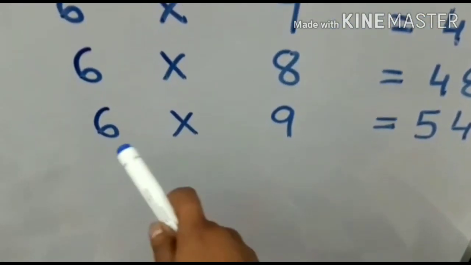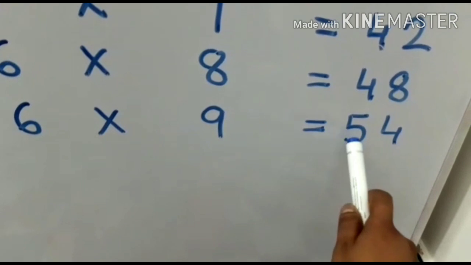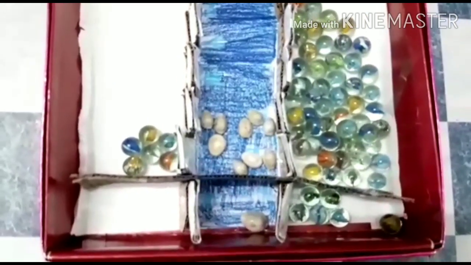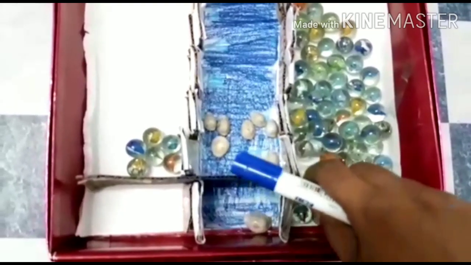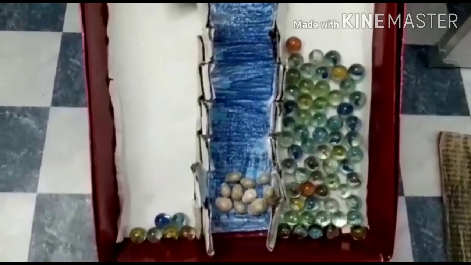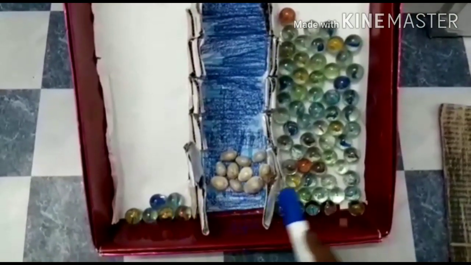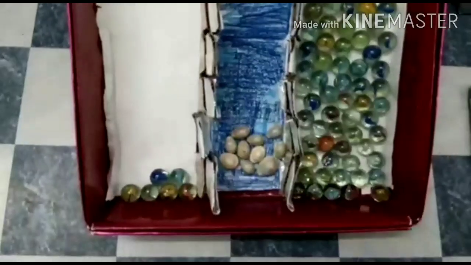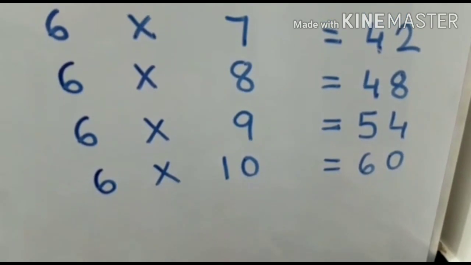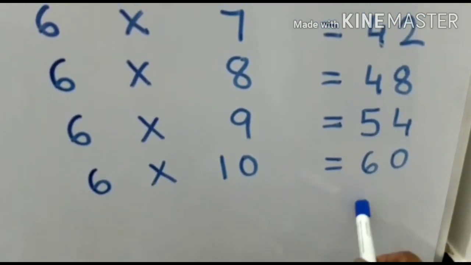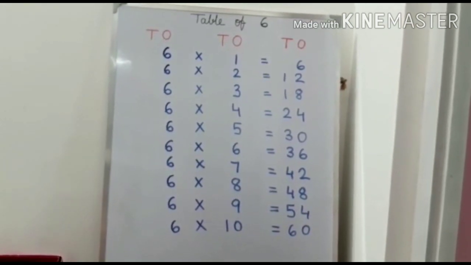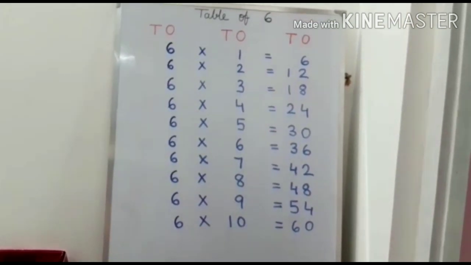That I have written on the board. Next, by taking the last cardboard, I have 6 tens are 60, which I have written on the board. Now see the complete table of 6.